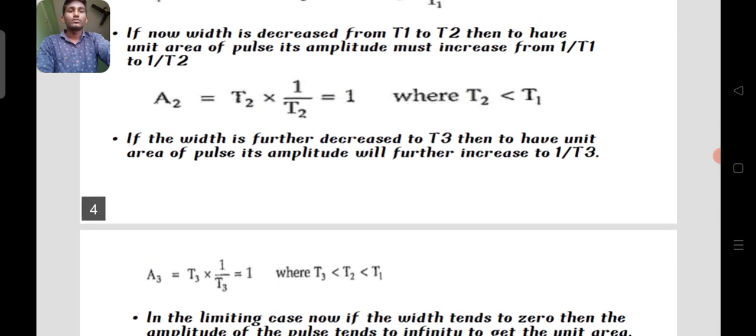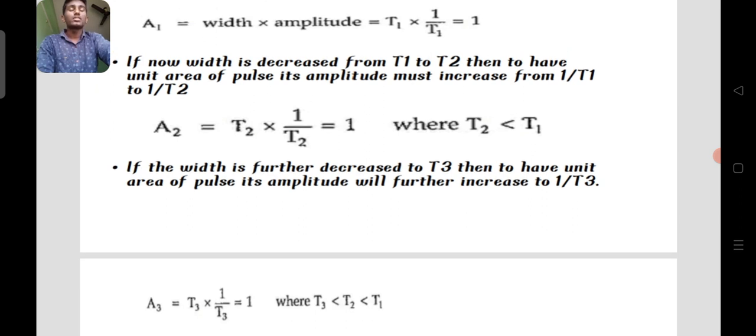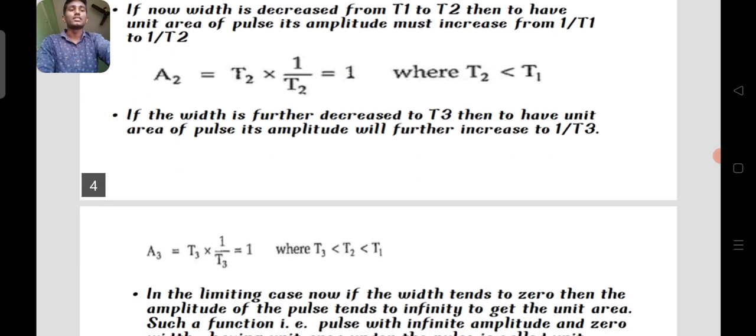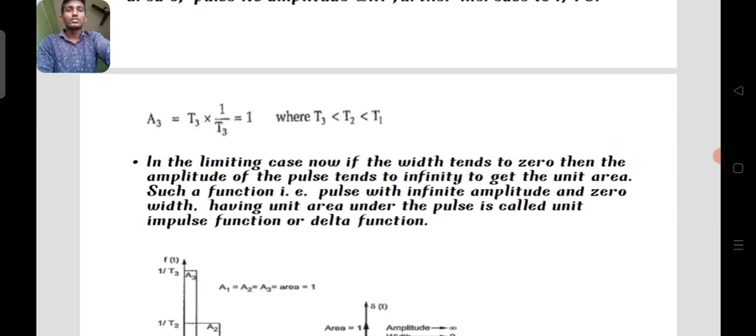If the width is further decreased to t3, then for unit area the amplitude will further increase to 1 by t3. So we get the third area equal to t3 into 1 by t3 equal to unity, where t3 is less than t2, which is less than t1.